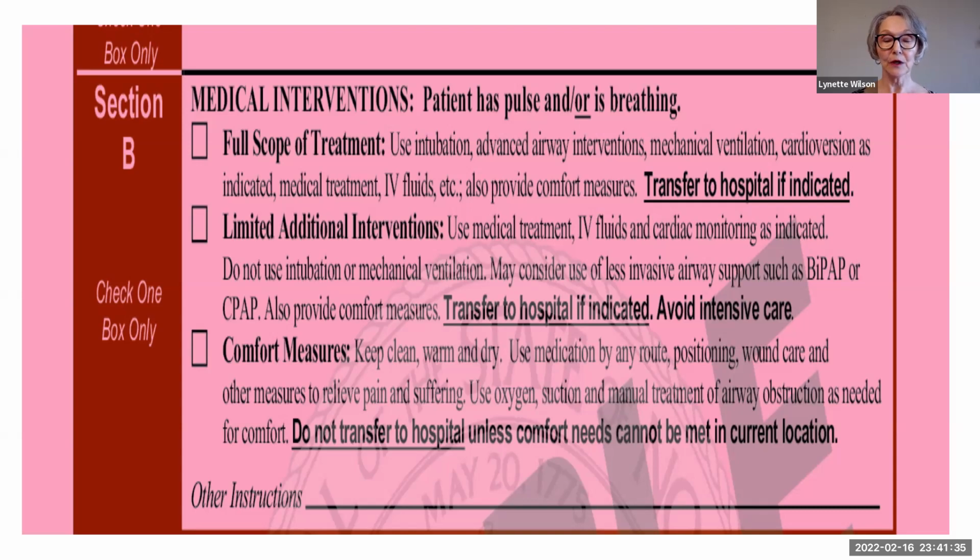So even though what we wanted were comfort measures only, what we had to do was go to the emergency room in order to be able to get the IV medication that he needed to keep him comfortable during his last hours. So that's two different times that we used that form. And even though we had comfort measures checked, we did something different in each of those cases based on the circumstances.